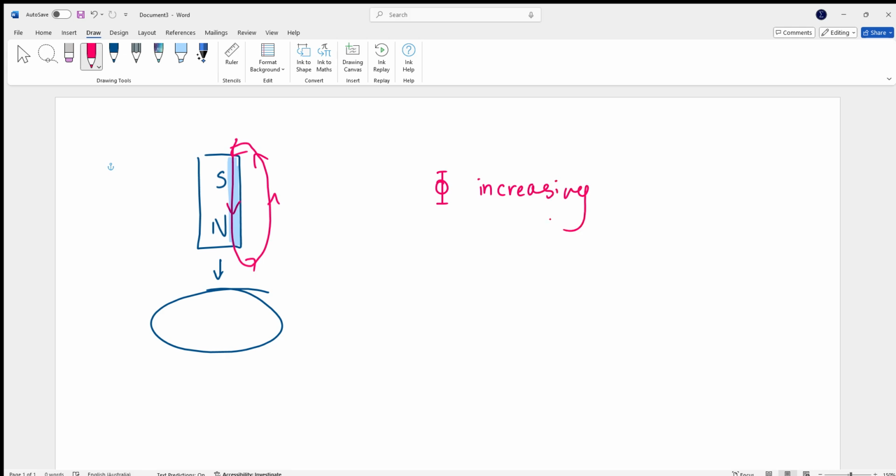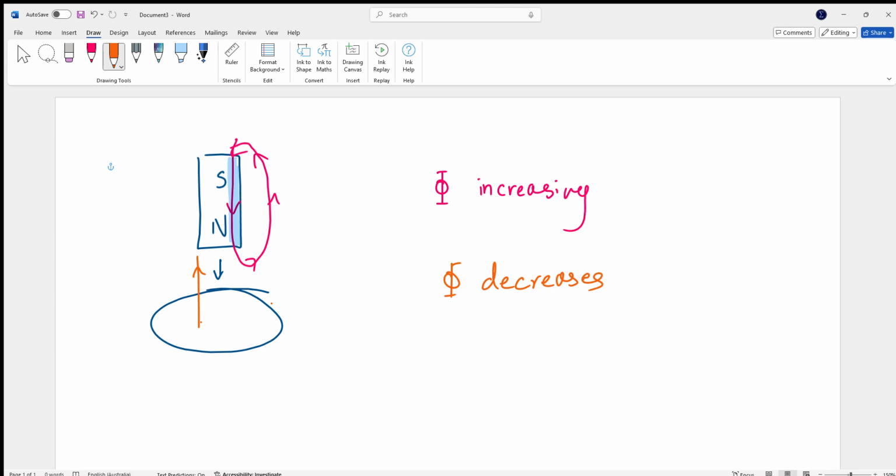So we need to create an induced current, an induced magnetic field that opposes that change, aka it opposes the direction of this arrow here. So our induced magnetic field will be in the opposite direction to that arrow. So it will be this way, because if the flux is increasing, we want our induced field here to decrease it, which means it would oppose that direction there, okay?